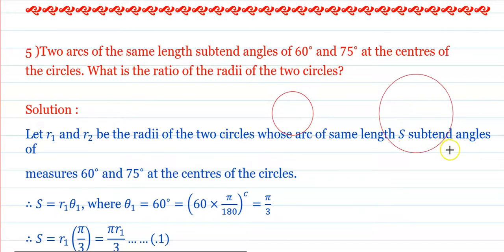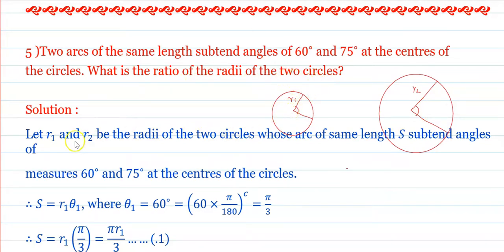They subtend an angle of 60 degree and 75 degree, and the lengths of the arcs are equal. Suppose this is the radius r1 and the next has the radius r2. What is the ratio of the radii of the two circles?